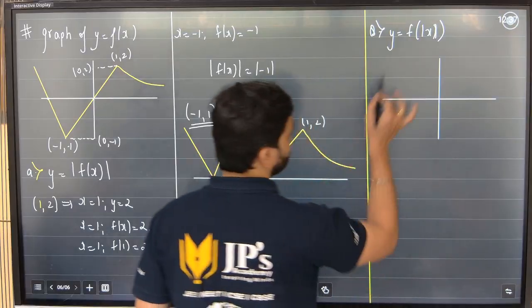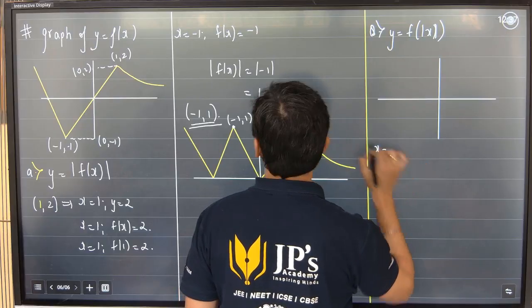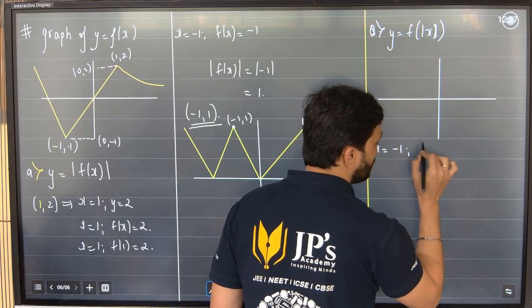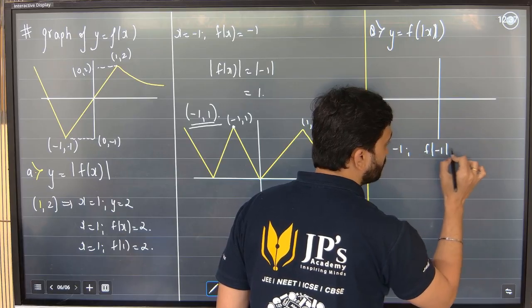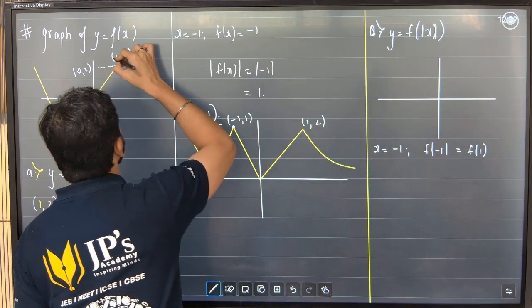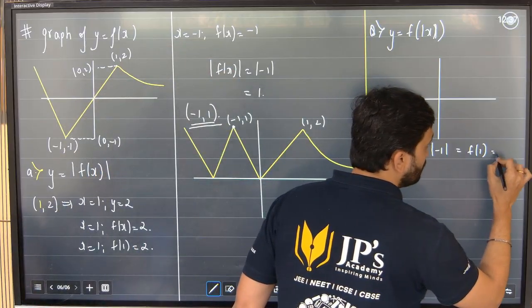If I take x as a positive value, let's take the negative value. If I take x as -1, it will become f of mod of -1, which will become f of 1. And I know that f of 1, meaning when x is equal to 1, its value is equal to 2.